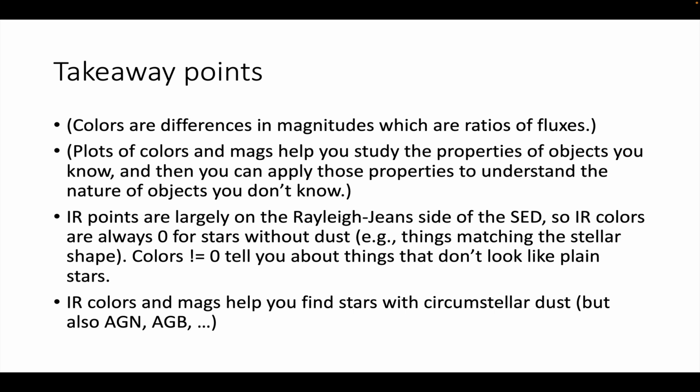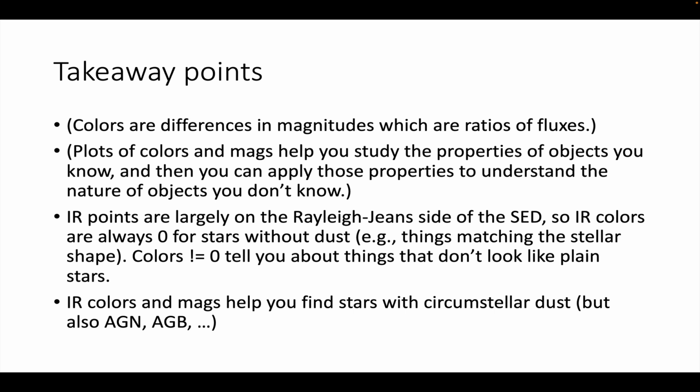So the takeaway points here, remember, colors are differences in magnitudes, which are ratios of fluxes. Plots of colors and magnitudes help you study the properties of objects you know, and then you can apply those properties to understand the nature of objects you don't know. So for IR points, because the IR bands are largely on the Rayleigh-Jeans side of the SED, the IR colors are going to be 0 for stars without dust.